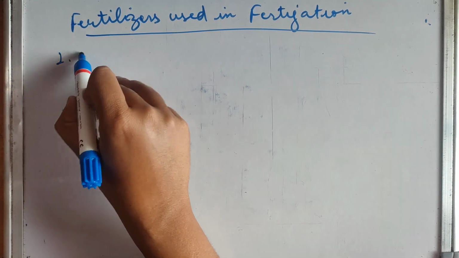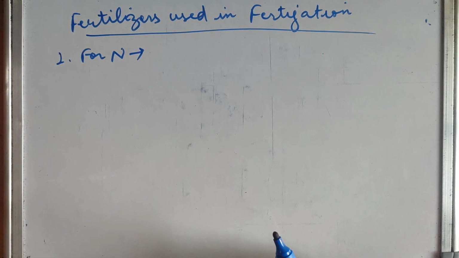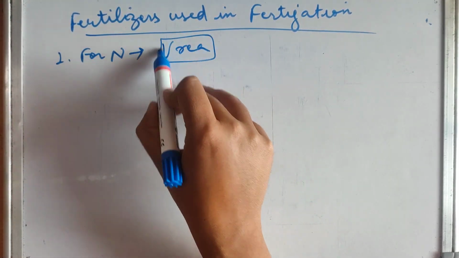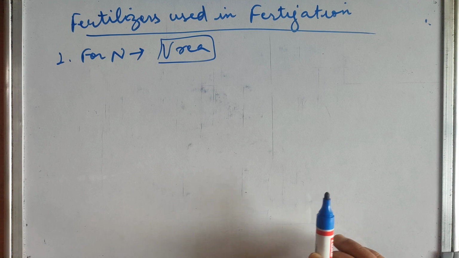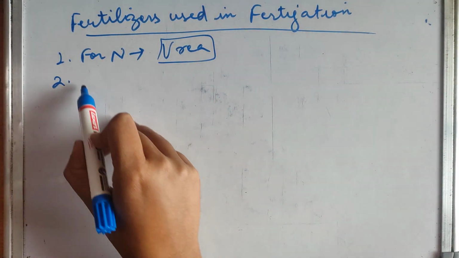For N, nitrogen, urea is used, as urea is highly soluble, so it is available for fertigation.